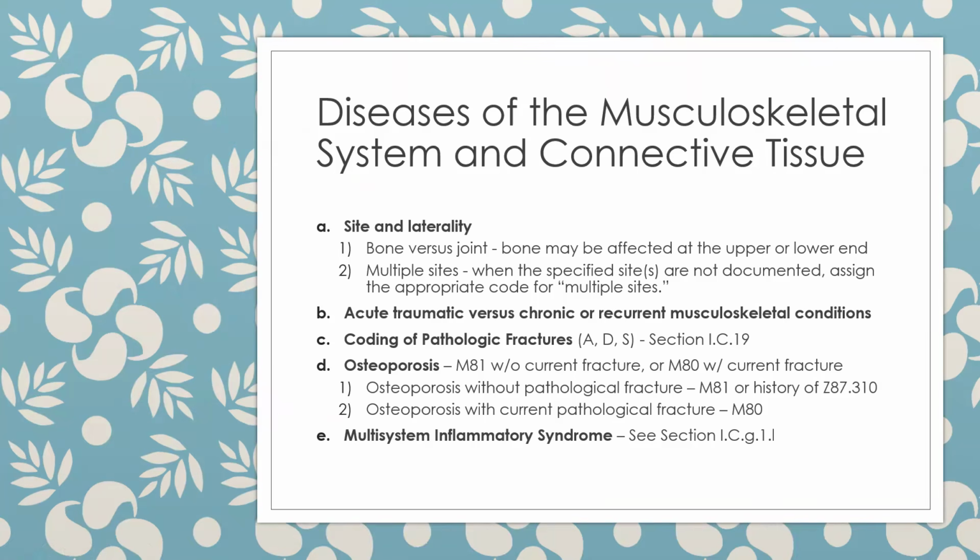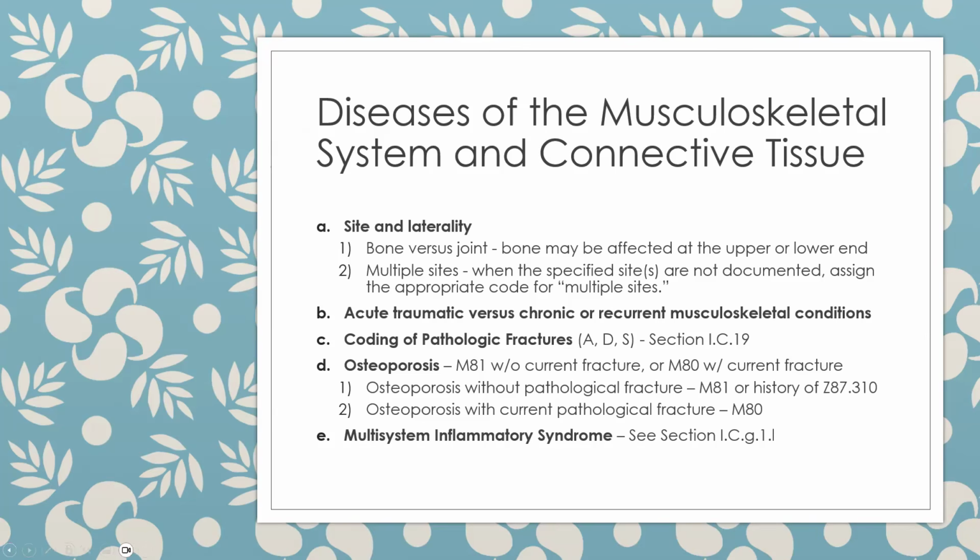So bone versus joint. For certain conditions, the bone may be affected at the upper or lower end. For example, avascular necrosis of bone, M87, osteoporosis, M80, and M81.